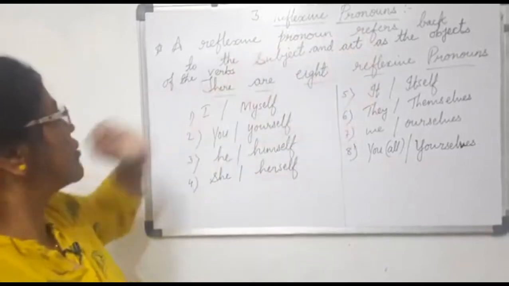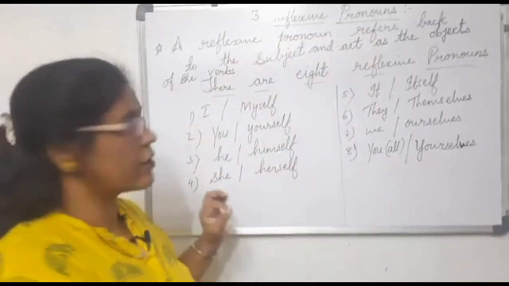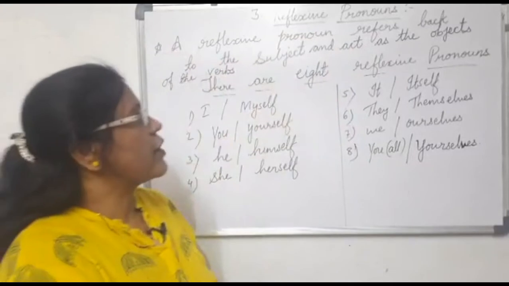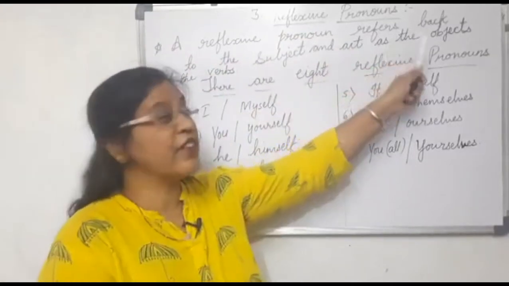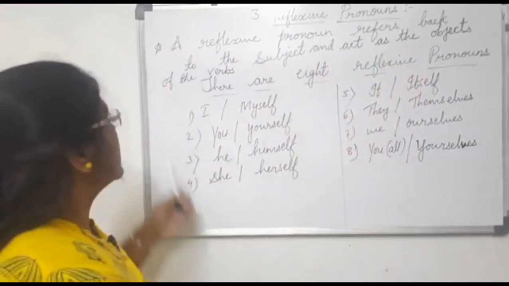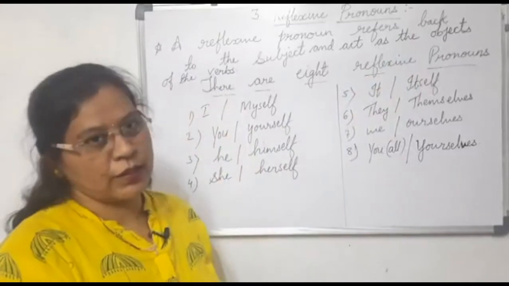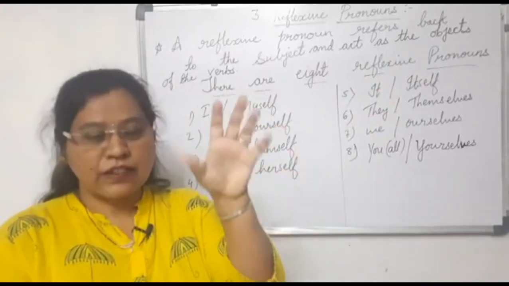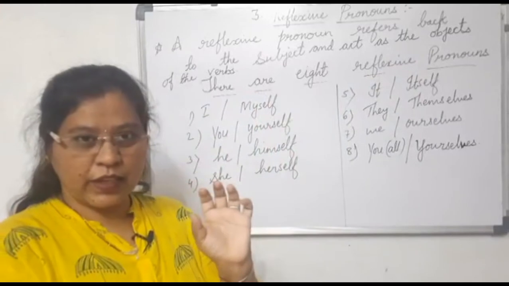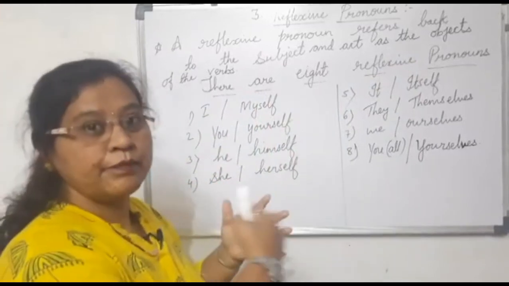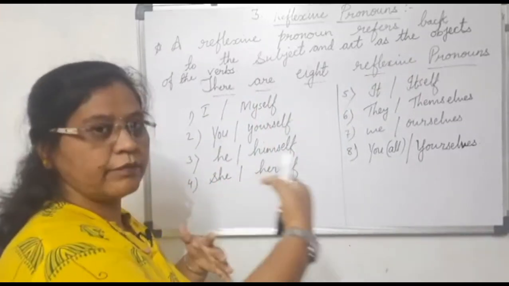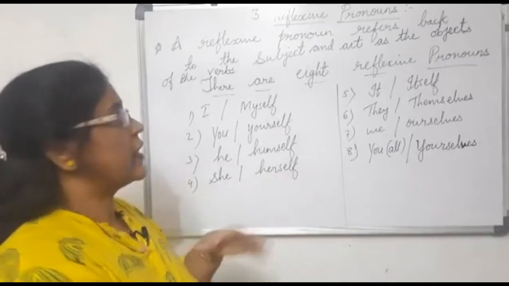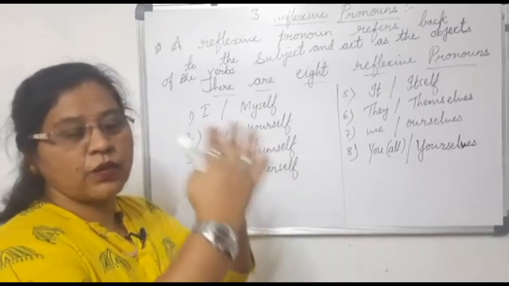So what are reflexive pronouns? A reflexive pronoun refers back to the subject. You know the construction of sentences, how sentences are constructed: the structure of the sentence begins with the subject, then verb, and then object.